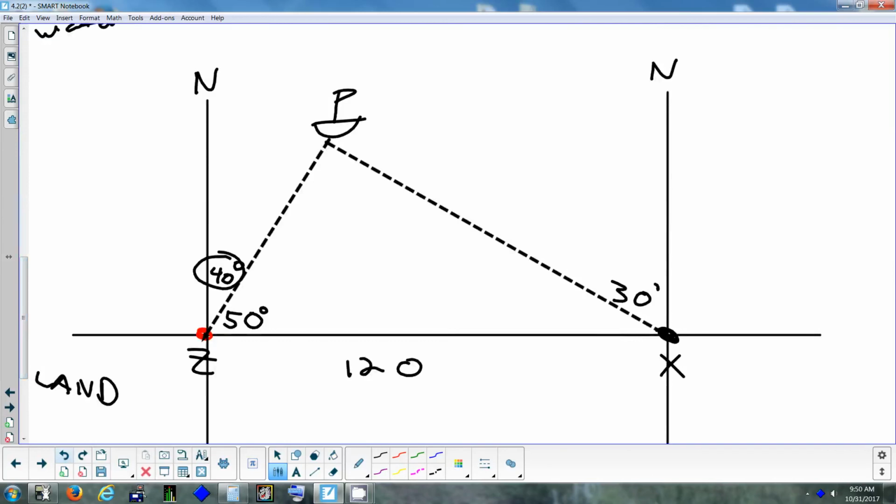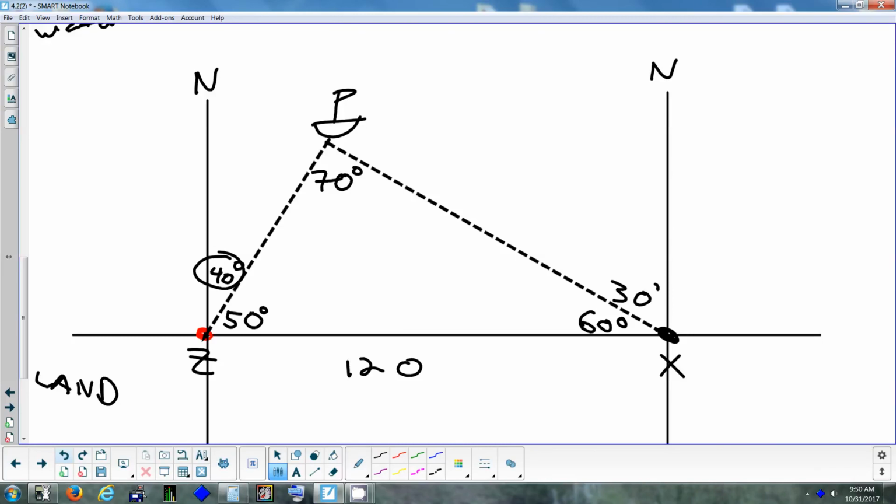Well, together they've got to make a 90. So that's 30. 60, yeah. And now we've got a 50 and a 60. So Peter, how much does that add up to? 110. And so how much does that leave for this angle? 70.